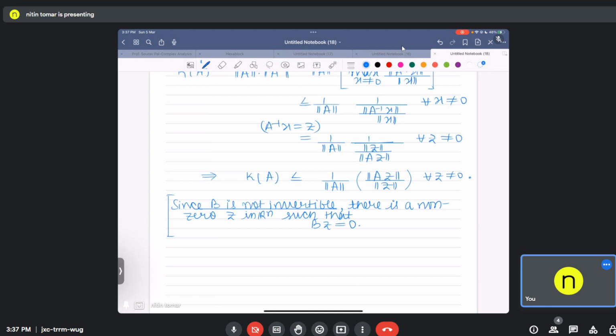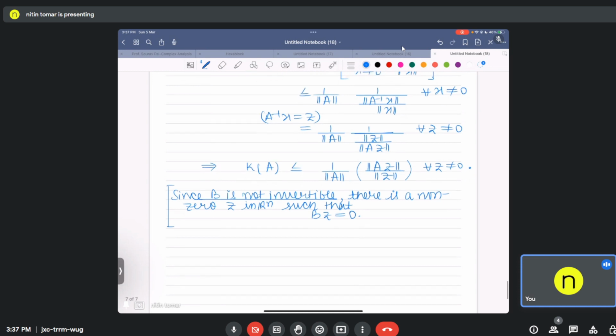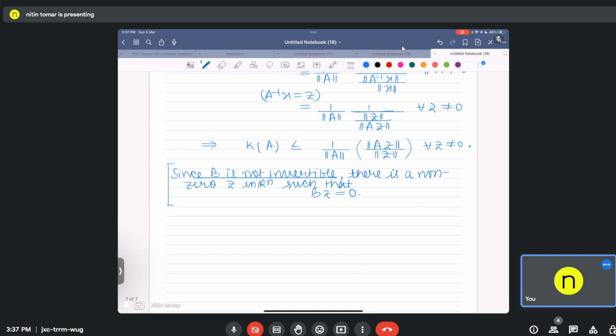Why does such a non-zero z exist? Can anyone tell me? Do you know the null space of a matrix? We have done this in previous classes, so I will recall.